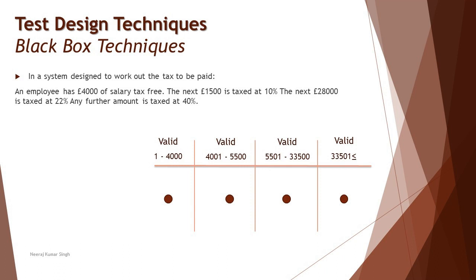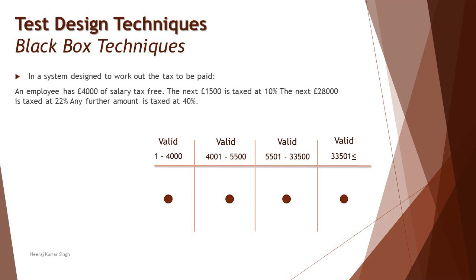Now the word next here means add to the previous value, not to the initial value, which is 1. So 1 to 4,000 is my first range where taxes are nil, and 4,001 to 5,500, because we are adding 1,500 to the 4,000, is my second range, where people are taxed at 10%.